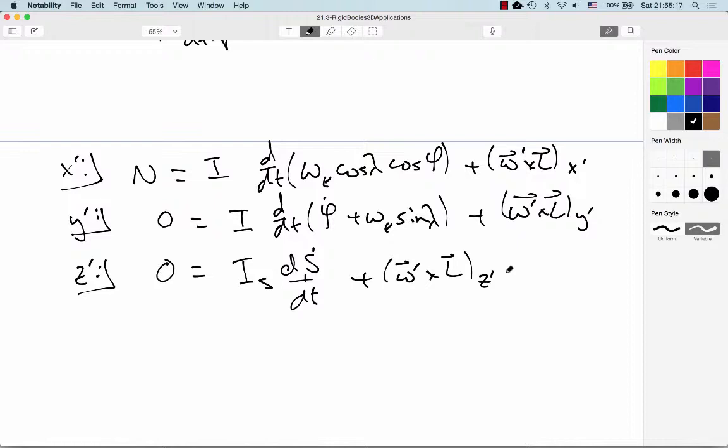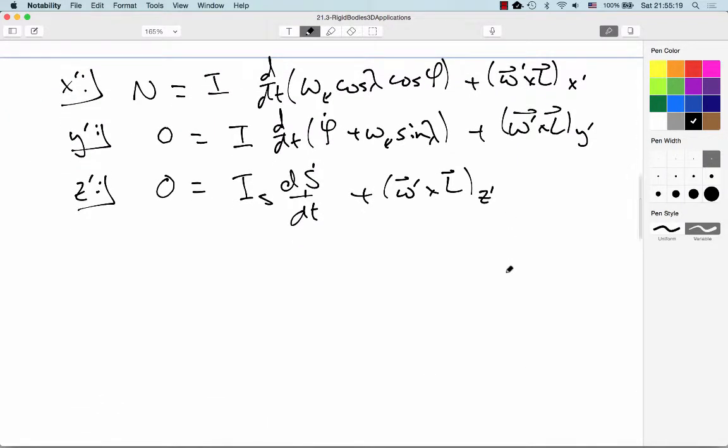All right. So it would probably behoove us to actually calculate the omega prime cross L. So we'll do that.